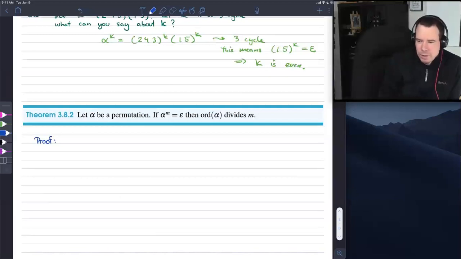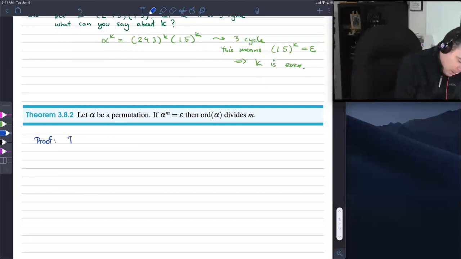So I want to show that the order of alpha divides m. The first thing I do is I would say, well, by the division algorithm, we can write m as a multiple of the order plus a remainder.